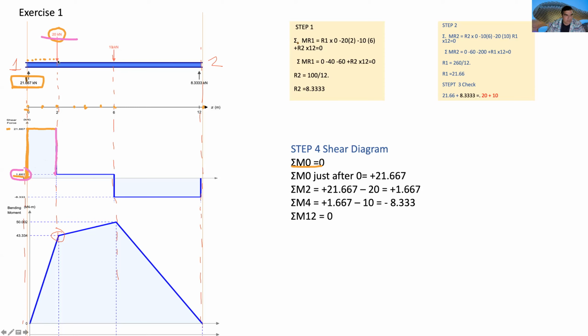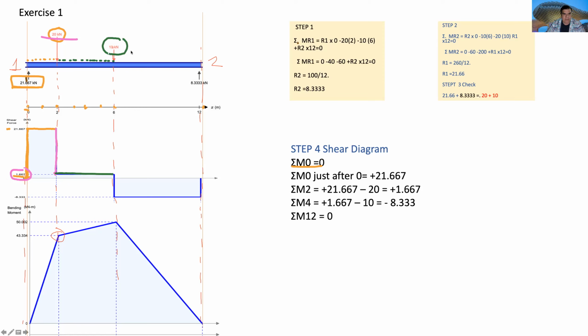What happens later on? Nothing happens during the 4 units. Well, I go straight, and finally we receive again a force of 10 going down. My balance here in green was 1.667 positive.